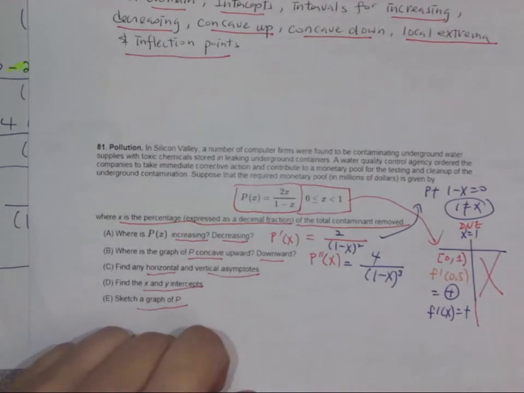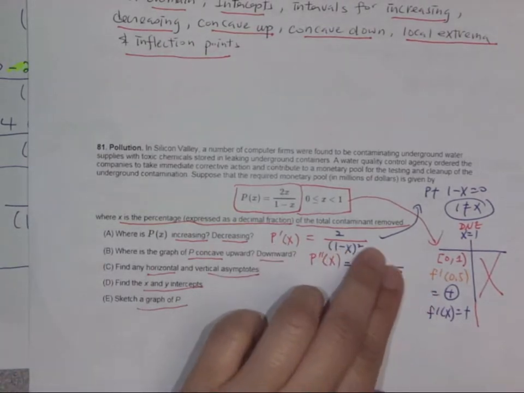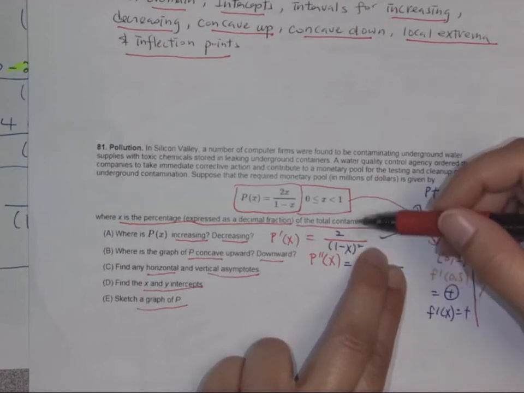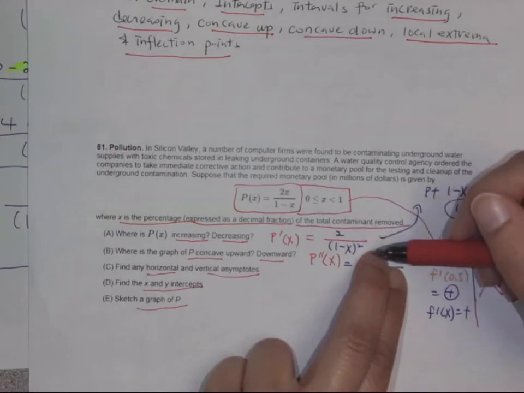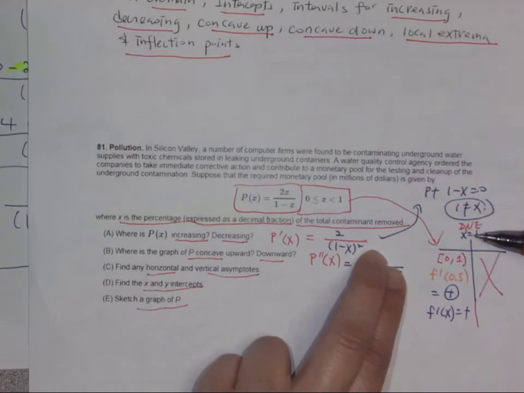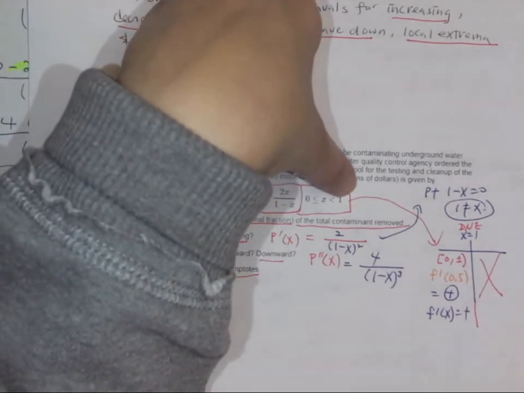Okay, sorry about that. So we were doing the first derivative. We need to set the top part and bottom part equal to 0. Top part says 2 equal to 0, which doesn't happen. 1 minus x equal to 0, we solve for that, x equal to 1. But if x equal to 1, it's going to make the denominator equal to 0, so that part does not exist. And the reason we don't need this part is they restricted x between 0 and 1.